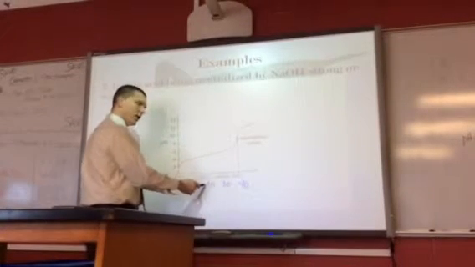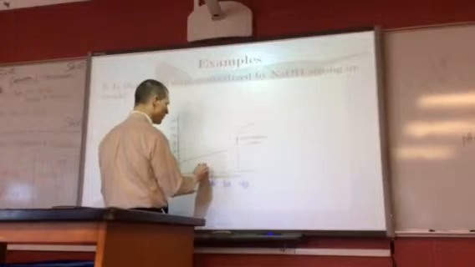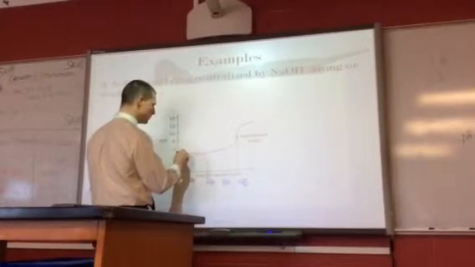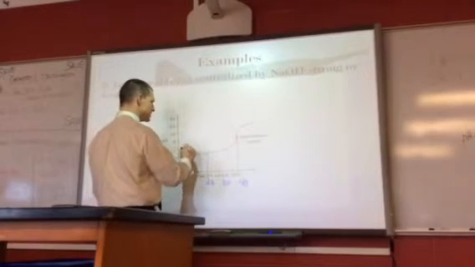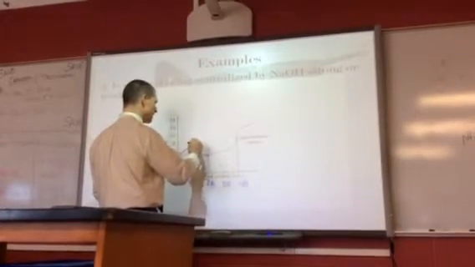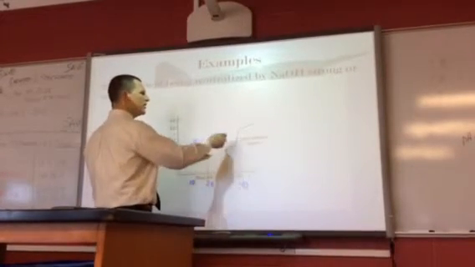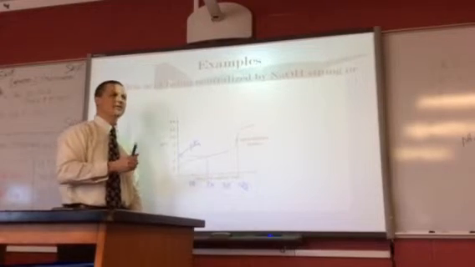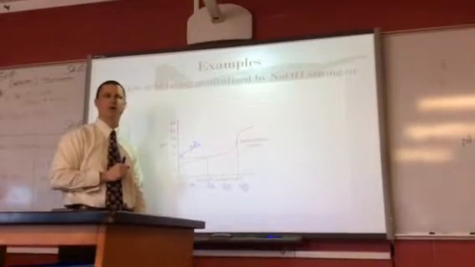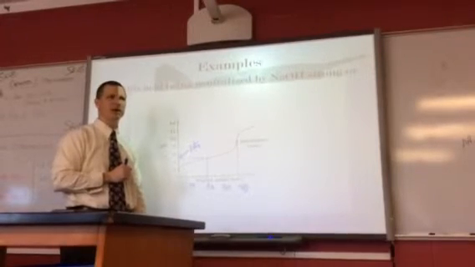Back at 20 mL, which is half of the volume to get the equivalence point, remember what was significant about that halfway point? That number right there is the pKa of that acid. So if I gave you this graph and said this is some unknown acid, would you be able to identify what acid it was? If I gave you a table of Kas, yes.